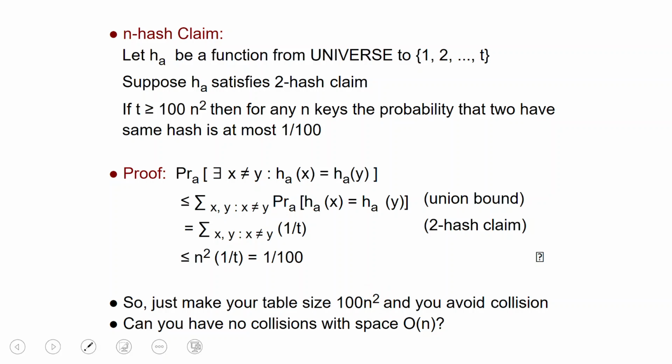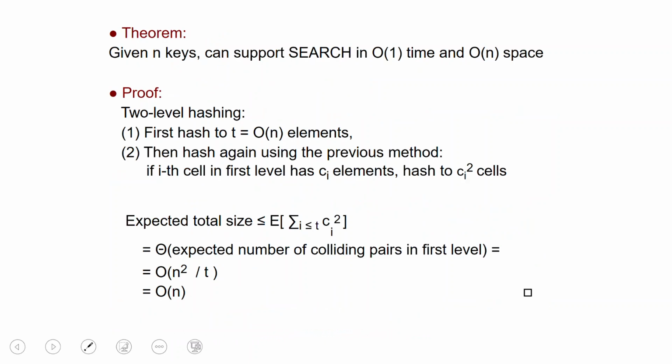And a natural question is whether you can have no collisions with a space which is just linear in n as opposed to quadratic in n. And this is actually possible with a very nice idea which I'm going to present now.